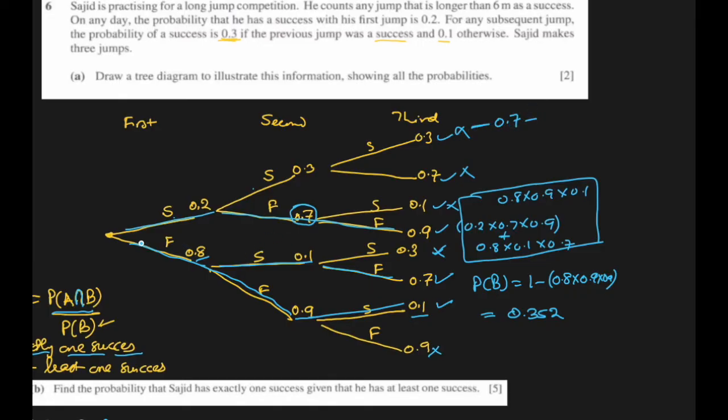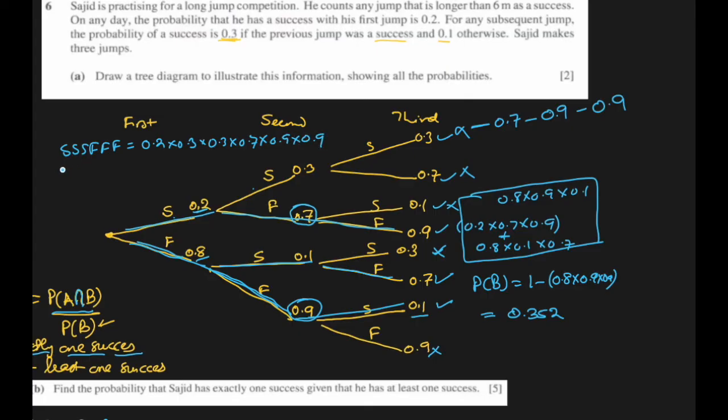Look at the branch which is a failure and next again a failure. It will be 0.9, and failure again a failure will be 0.9 again. So this represents S, S, S, F, F, F, and the probability will be 0.2, we'll start with this one, 0.2 times 0.3 times 0.3 times 0.7 times 0.9 times 0.9.